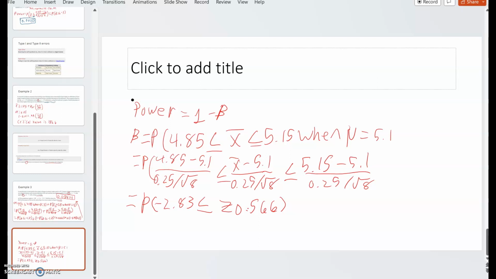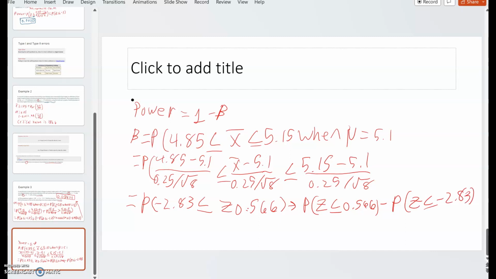All right, now I want to take the probability that Z is less than or equal to 0.566 minus the probability that Z is less than or equal to negative 2.83.